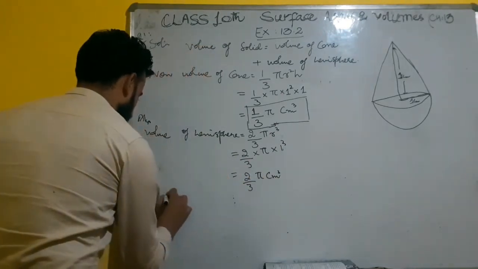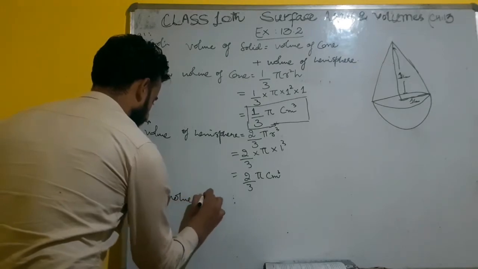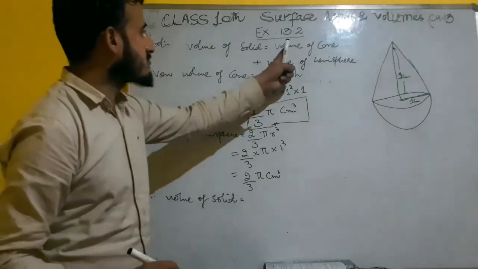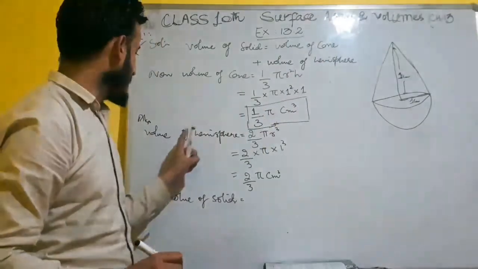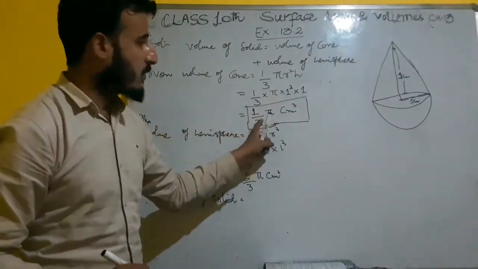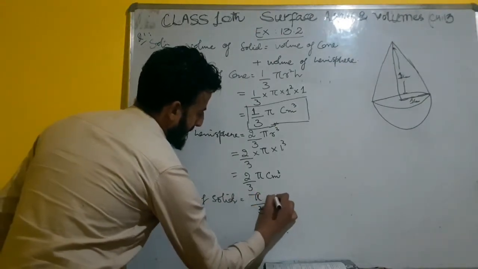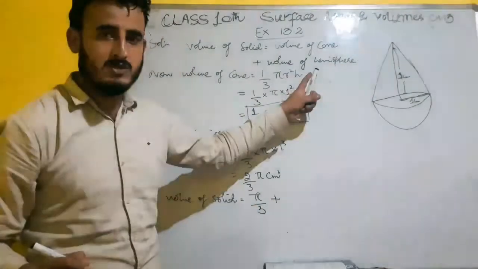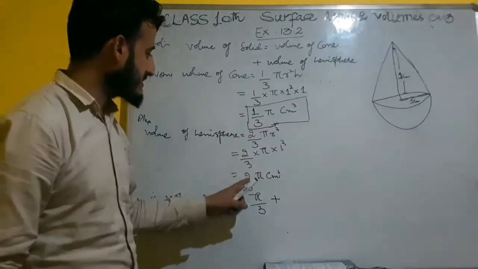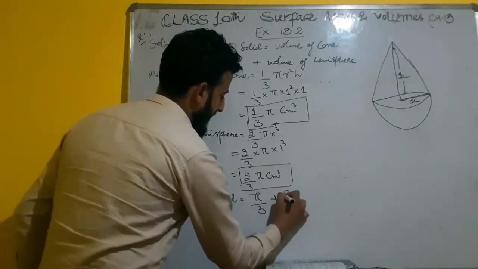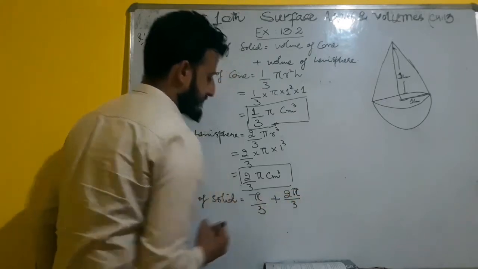Therefore, the volume of the solid, the total solid, is the volume of the cone, which is 1 by 3 pi, we can write this as pi by 3, plus the volume of the hemisphere, which is 2 by 3 pi, or simply 2 pi by 3.